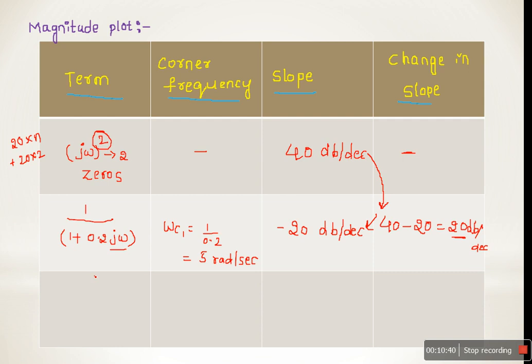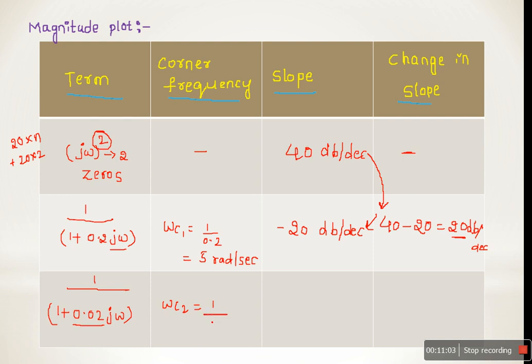Similarly, the next term in the given transfer function is 1 by 1 plus 0.02 j omega. So the second corner frequency omega c2 equal to 1 by tau. In place of tau we are having 0.02.